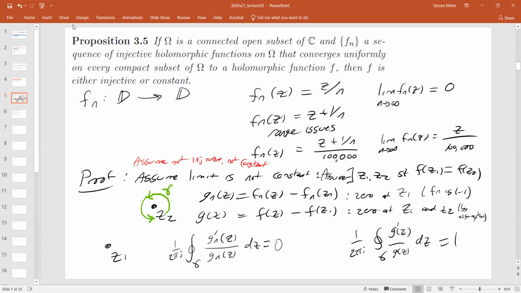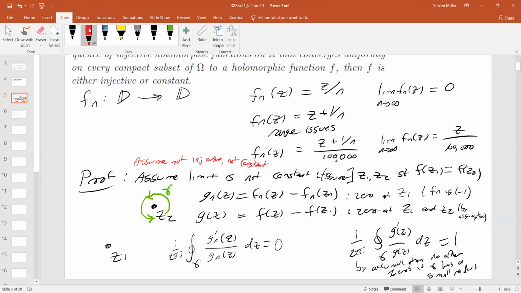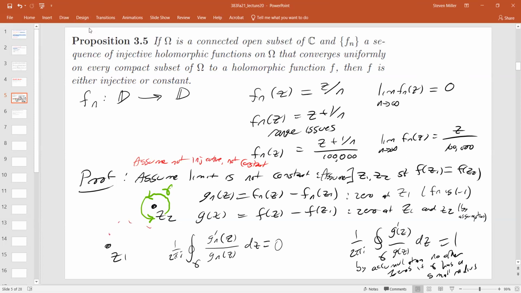This is by accumulation. No other zeros if gamma has a small radius. If you imagine that there are some other places, they can't get too close. Because if I could always find for any radius a point where G of Z equals 0, then G would have a sequence of accumulation. G would be constant, and we're assuming it's not constant.